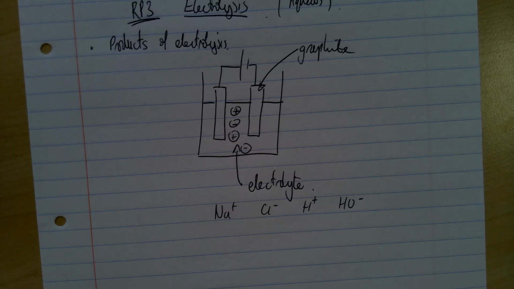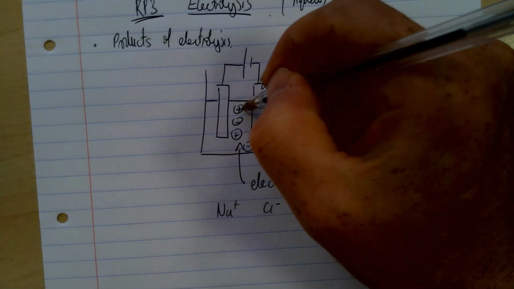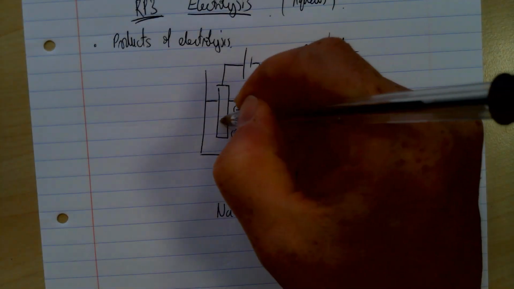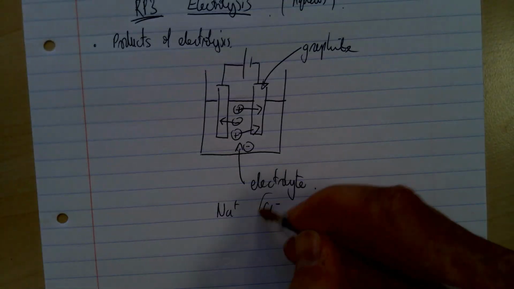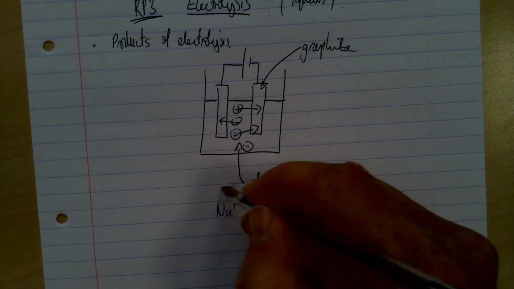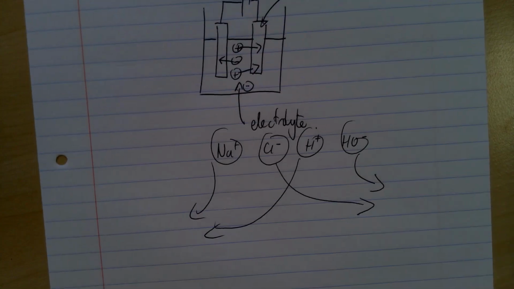I've talked about this before, an entire session on it, but remember that electrolysis is what happens on the surface of the electrode. The ions travel to the electrode, so the positive ones go to the negative electrode and the negative ones go to the positive electrode. So chloride and hydroxide go to the positive electrode, sodium and hydrogen go to the negative electrode, because opposite charges attract one another.